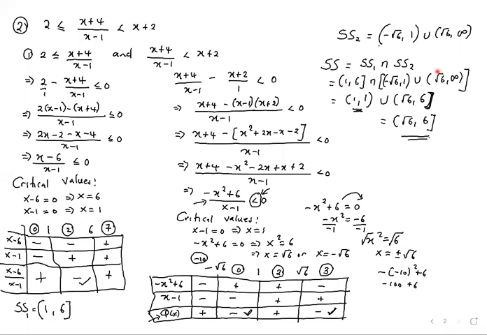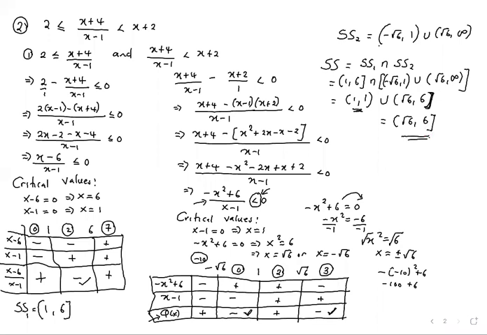The biggest here is root 6, so we have root 6 not included as it is there. Then between infinity and 6, which one is the smallest? The smallest is 6, and as it is included there, we include it. So now empty union this piece, we get this piece here as our solution. So this is what you are supposed to do in that task.